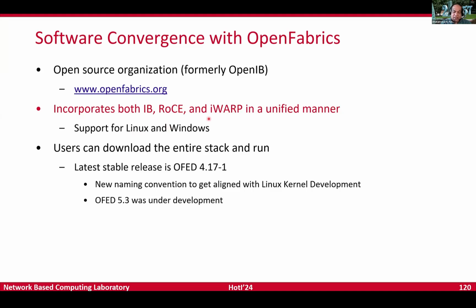The objective was, again, as I said, to incorporate IB, RoCE, iWARP in a unified manner, with support for Linux as well as Windows. Including us, many other organizations participated in that effort. That actually was very successful. It continued for many years. And that led to something some of you might have heard of called OFED, or OpenFabrics Enterprise Distribution.